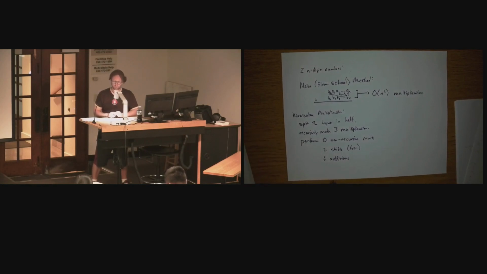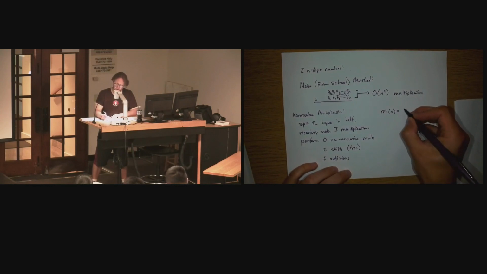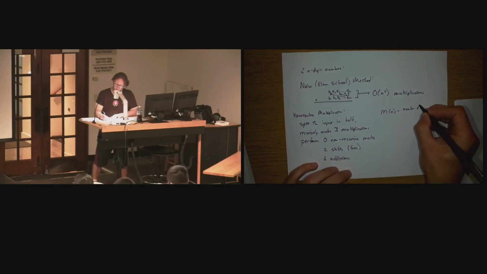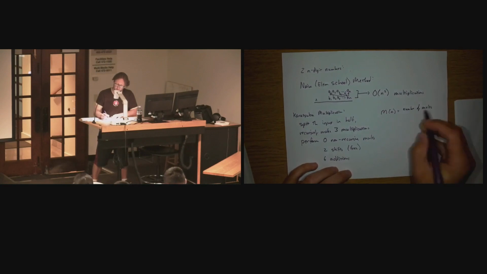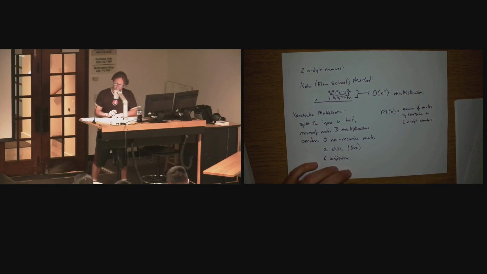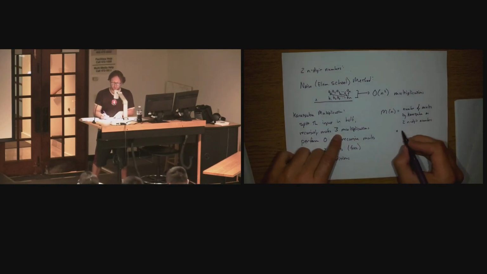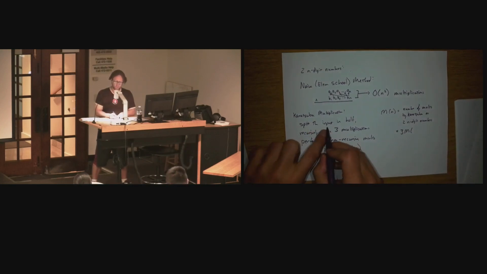Is this better? Right? So let's go ahead and set up a recurrence. M sub n is going to be the number of multiplications by Karatsuba on 2 n-digit or bit numbers. All right? Well, I make 3 recursive multiplications on how big is the input size?